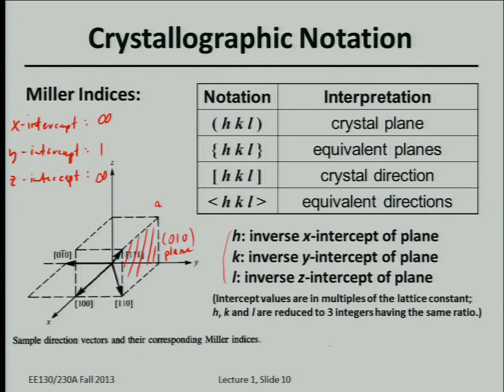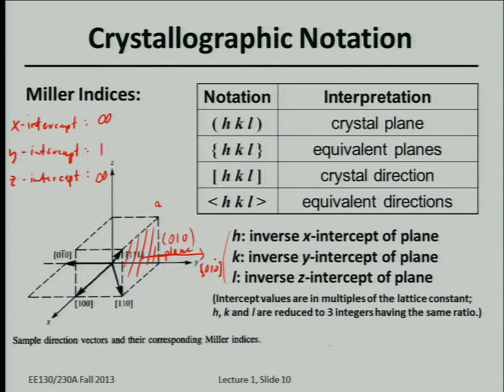So if I want to specify the 0, 1, 0 direction, it is the direction here, 0, 1, 0. That's the easiest way for me to remember: you're looking at a direction that's orthogonal to the plane. That's the 0, 1, 0 direction.